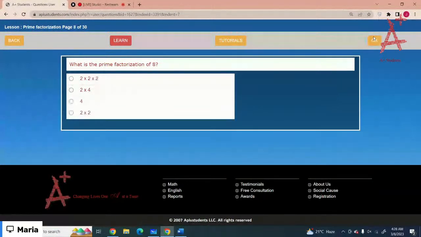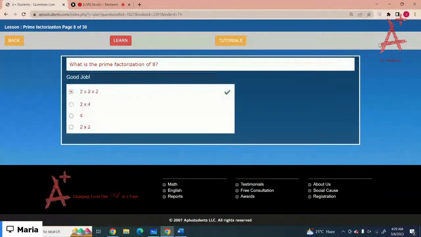Okay, the next one is what is the prime factorization of 8? So which is the correct option? The prime factors of 8 are, very good, 2 times 2 times 2.